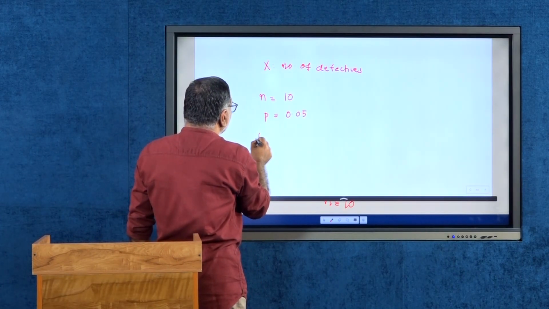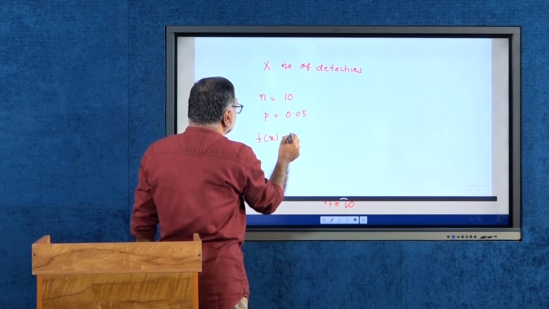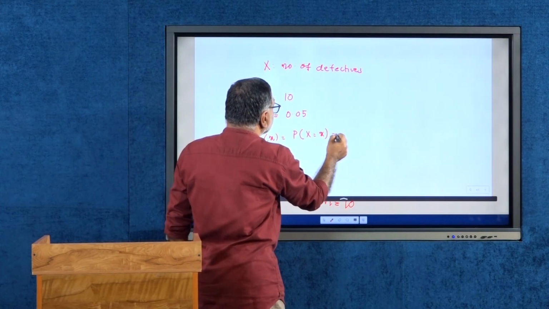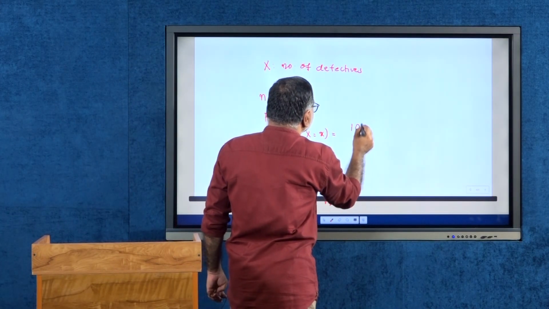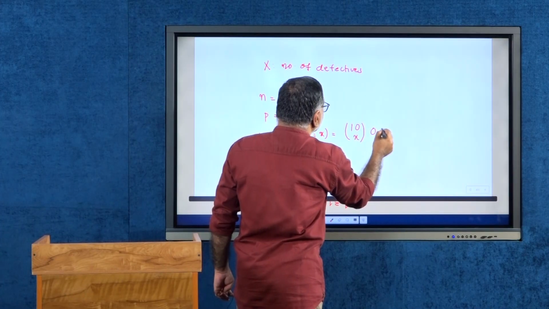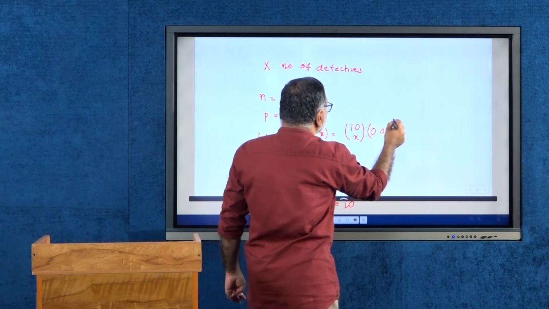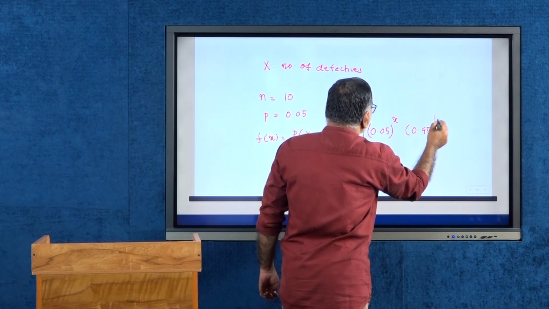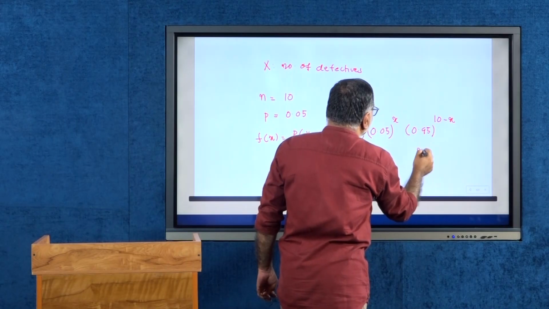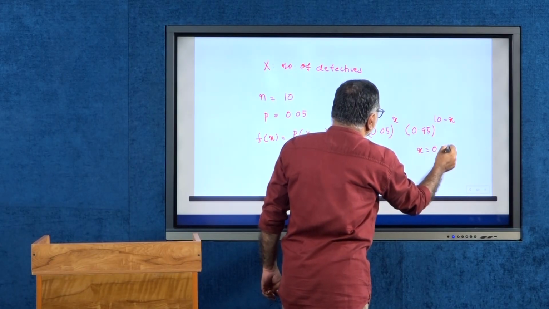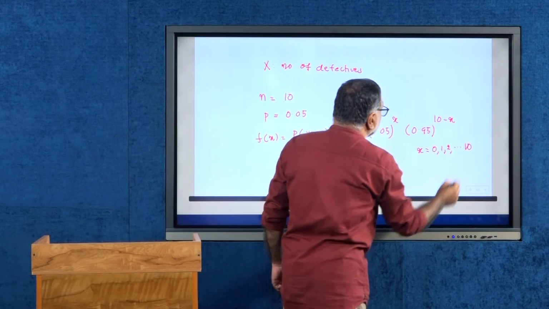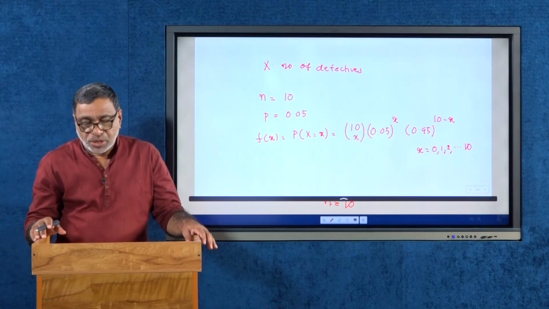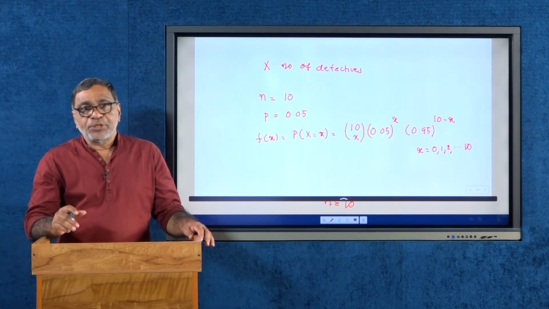So, the probability mass function f of x, that is probability of X equal to x, is 10Cx, 0.05 power x, 0.95 power 10 minus x, where x is equal to 0, 1, 2, up to 10. So, this is the binomial probability mass function of this particular random variable.